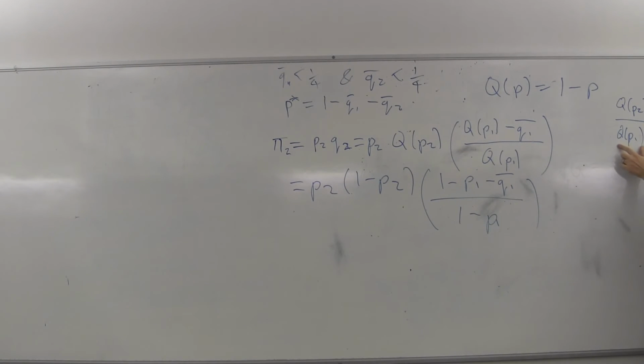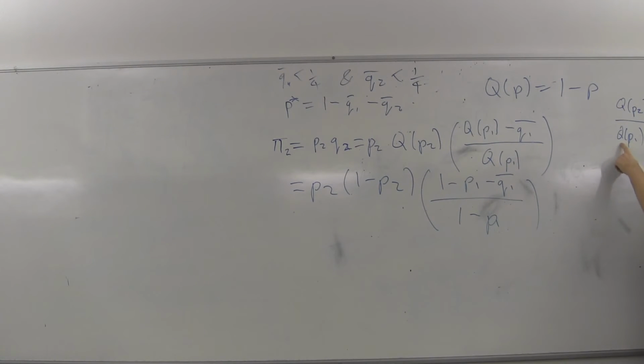Remember, Q of P1 people wanted to buy from the cheaper firm. Some of those get rationed, a random proportion of them. Of all the people who were prepared to buy from the cheaper firm, what proportion were also prepared to buy from a more expensive firm? Well, Q of P2 were prepared to buy from a more expensive firm, just a random proportion.